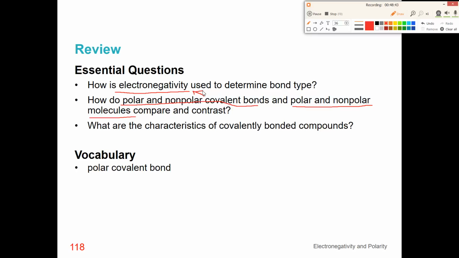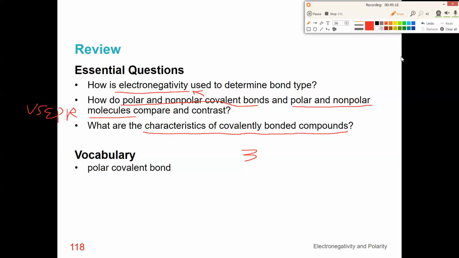However, for a molecule, you need to use the geometry to figure out whether the molecule is polar or nonpolar, and the physical properties of a covalent compound. We talked about all these three types of van der Waals forces, intermolecular forces.